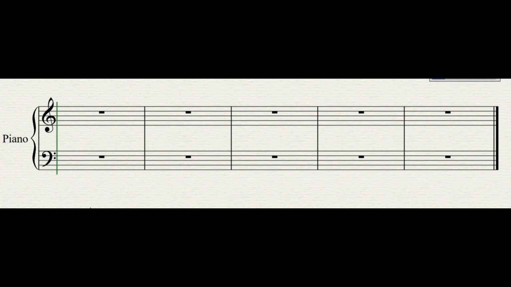So let's just have a look at what the grand staff looks like. To show that this is being played by one instrument, there is a bar line that extends from the top of the treble staff, which is up on the top, and it continues to extend to the bottom, to the first line of your bass staff.